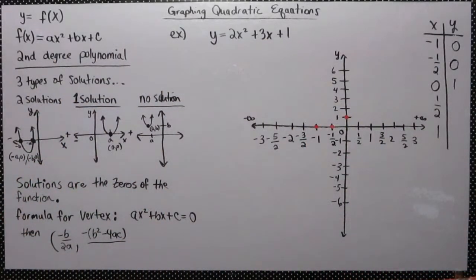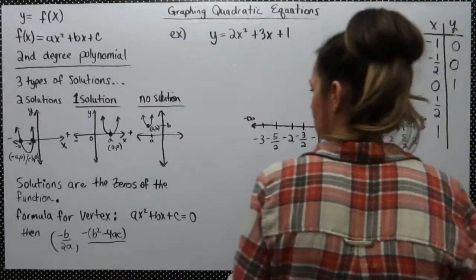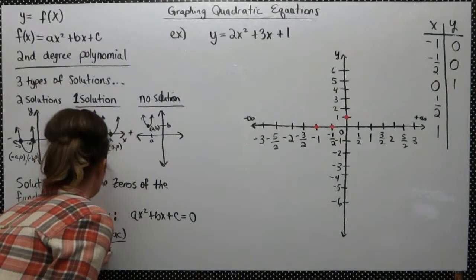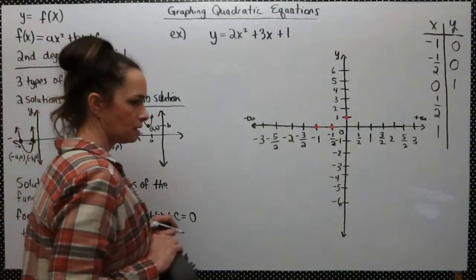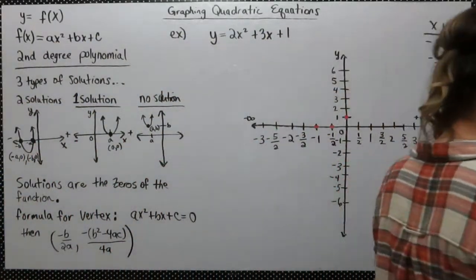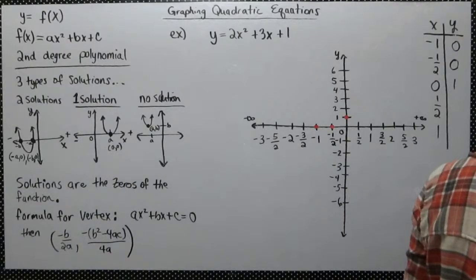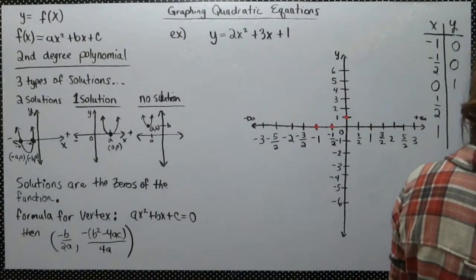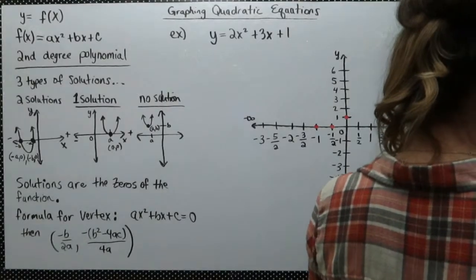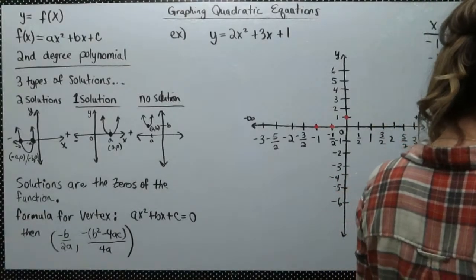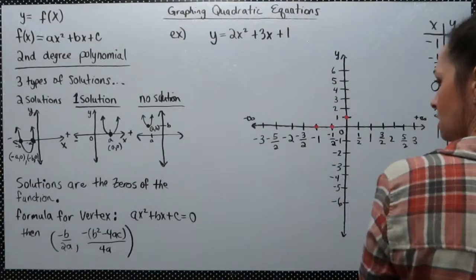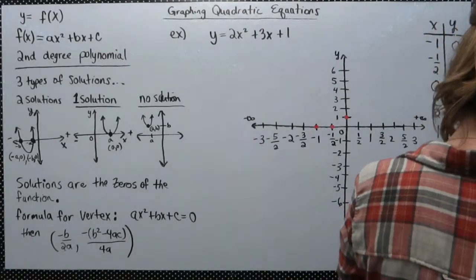Hold on. Over 4a. And I am not that familiar with that, but we can still plug in and find that critical point this way. And then there are other ways of finding it.